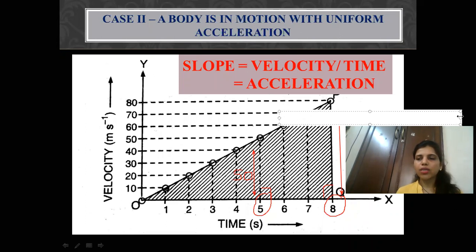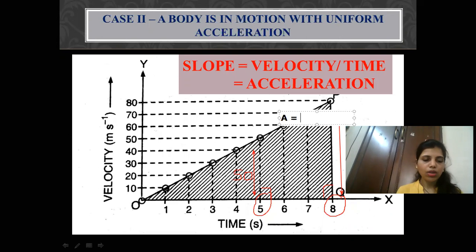So area is equal to half bracket 80 plus 50 bracket close into height.